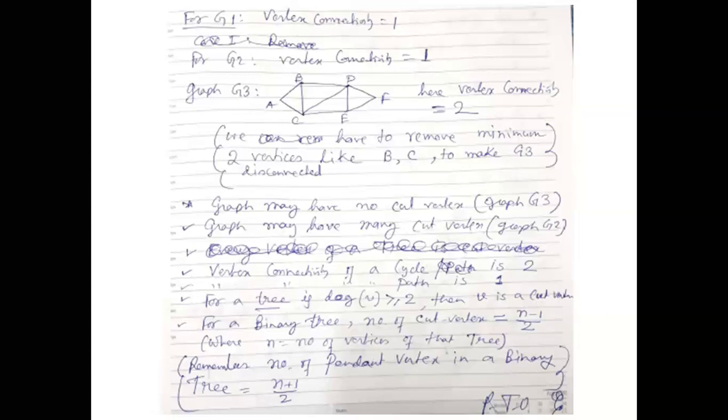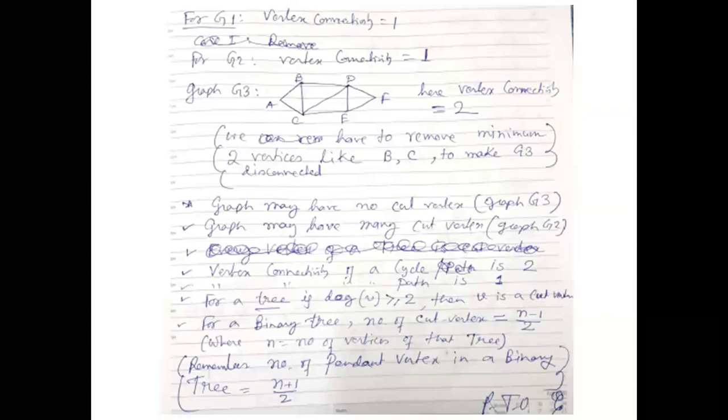That is the number of intermediate vertices of the binary tree. And for all intermediate vertices of the binary tree, the degree will be greater than or equal to 2, so all intermediate vertices are cut vertices. Okay.